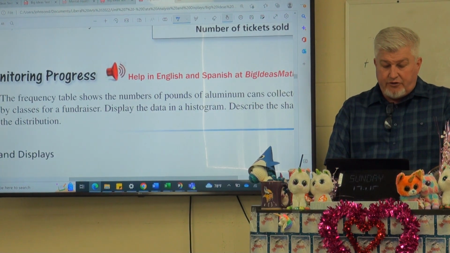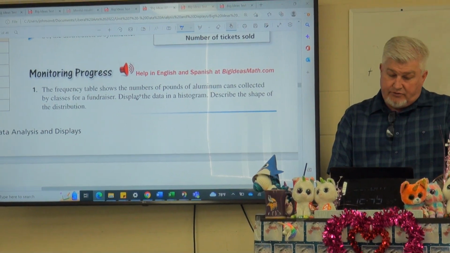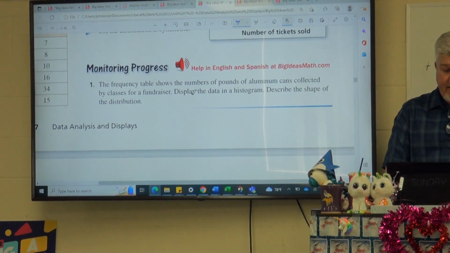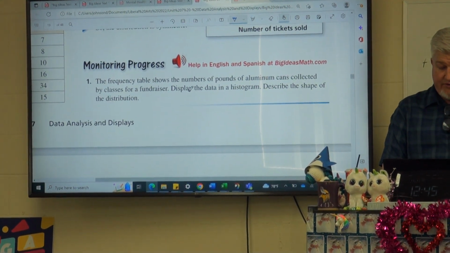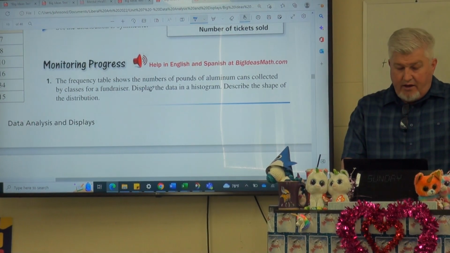So here's what I want you to do now. It says the frequency table shows the number of pounds of aluminum cans collected by classes for a fundraiser. Display the data in a histogram and describe the shape of the distribution.